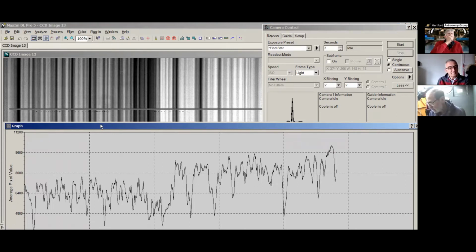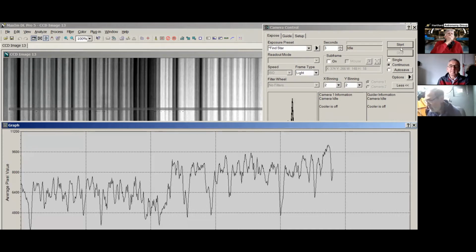It doesn't look like we're quite there yet, because they should be much broader.